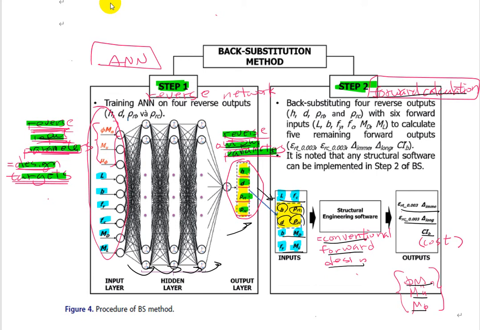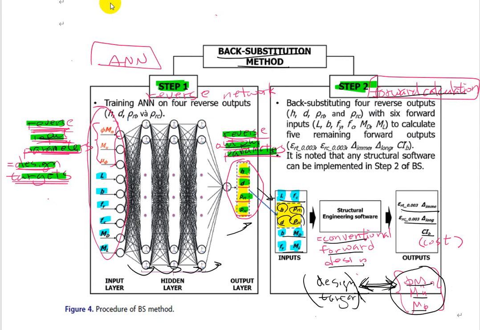So you can use any regular software to do this, so that you have extra values. Extra values, I mean that you have these values already pre-assigned as design targets. Design targets which were pre-assigned, so you can compare these values to conclude and to verify your back substitution method.